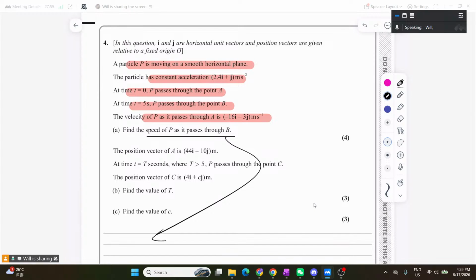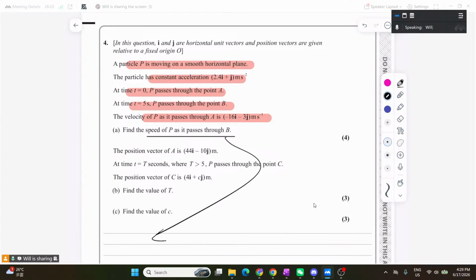Use integration. So we can use integration, right? Integration of what? Acceleration, right? Yes, acceleration.